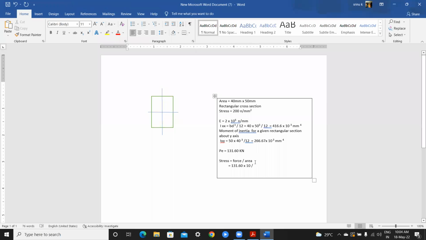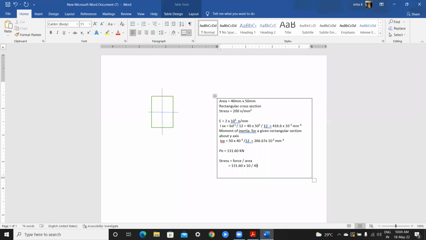So directly I am writing 40 into 50. Can you calculate this and tell me the answer? 65.8, sir. You will get approximately 65.79 Newton per mm square.